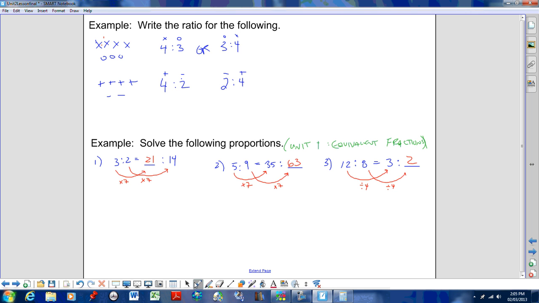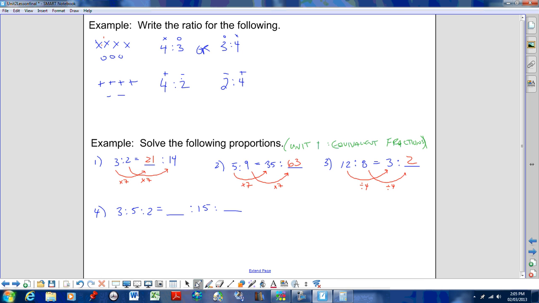All right. Now, proportions can become a little bit larger. For example, I could have a 3 to 5 to 2 ratio, and it's equal to blank to 15 to blank. This is what we call a three-term ratio or a three-term proportion.